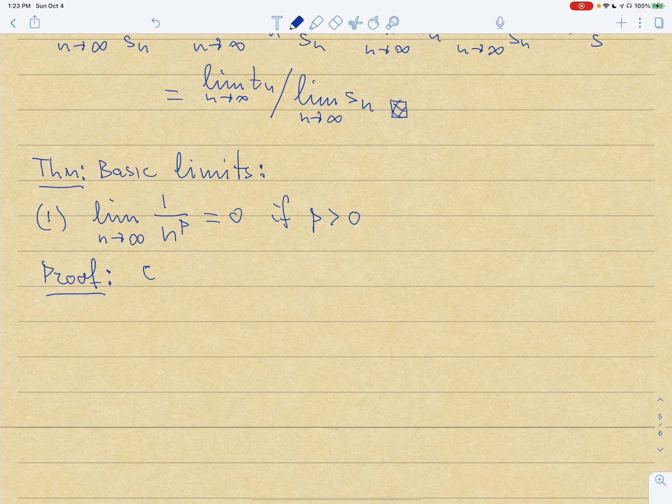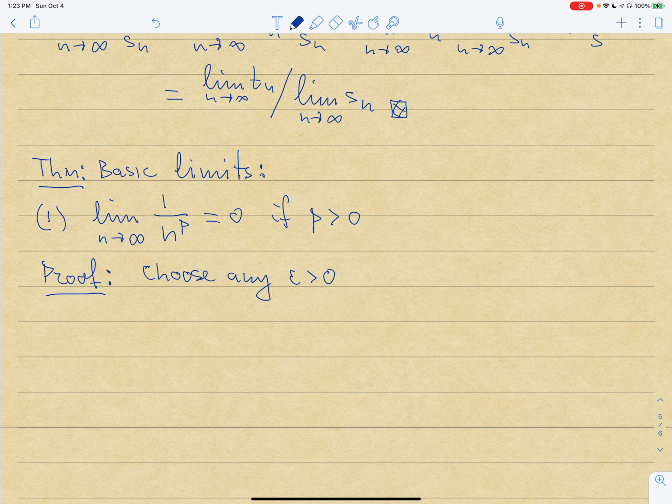Let's choose any epsilon greater than 0. Now what do I want? I want 1 over n to the p to be less than epsilon.